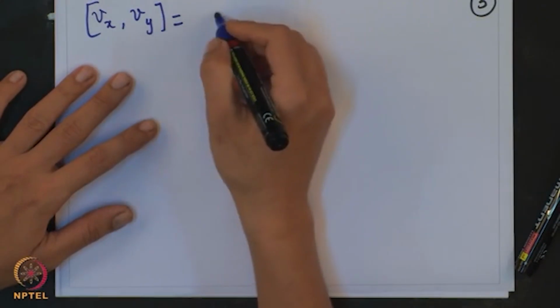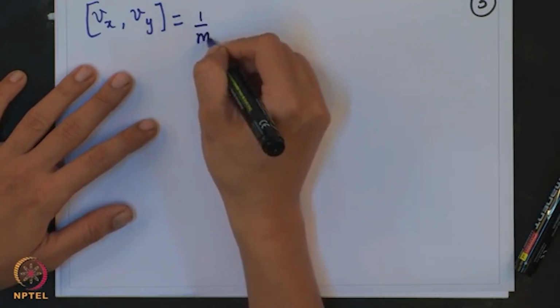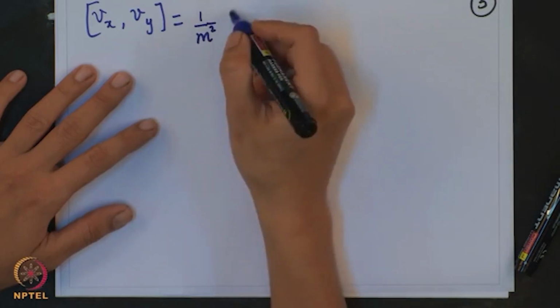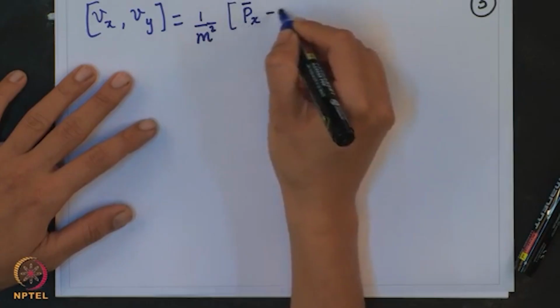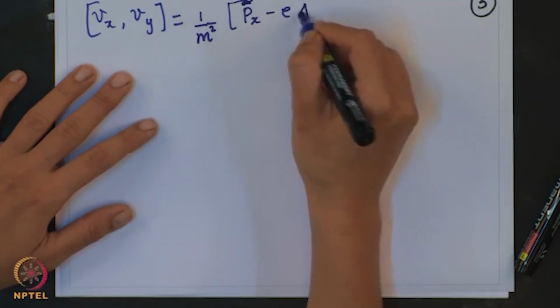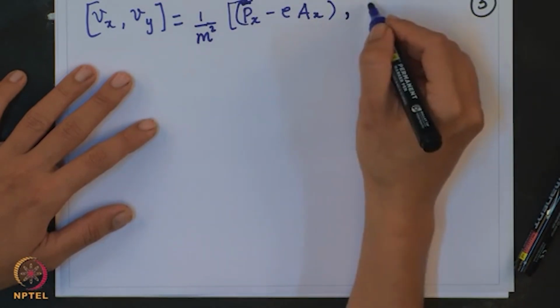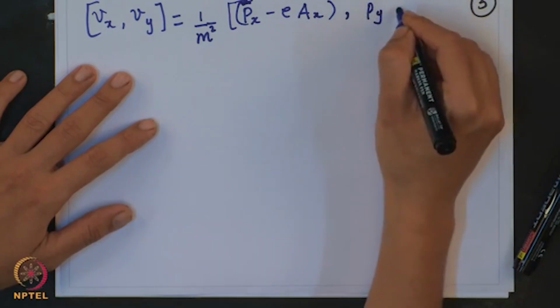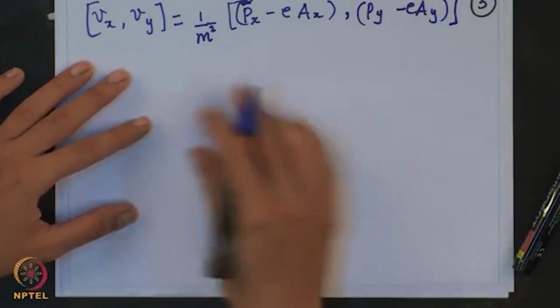So, the 4 terms would be, let me write 1 by m squared, I have (P_x minus e A_x), this is the first term, commuting with (P_y minus e A_y), correct.